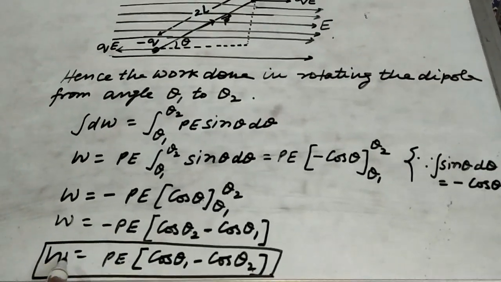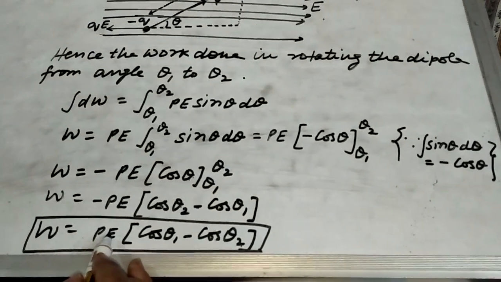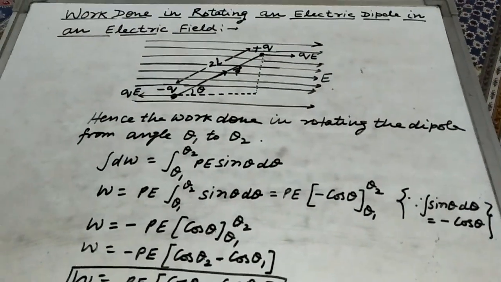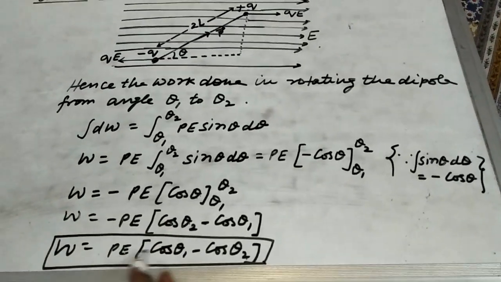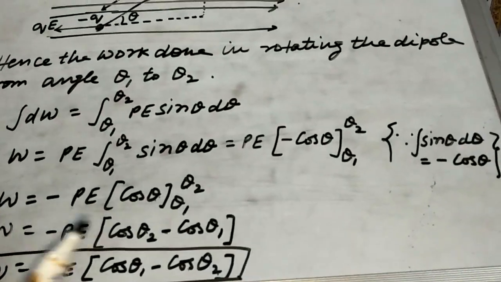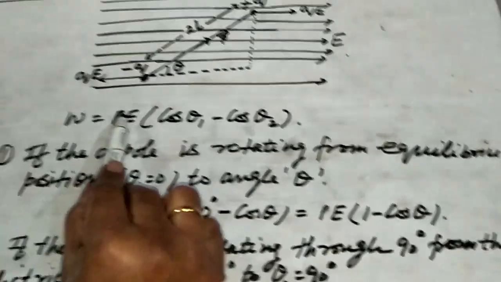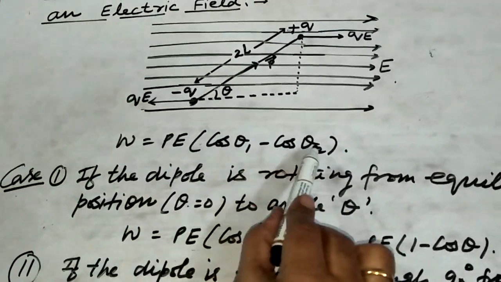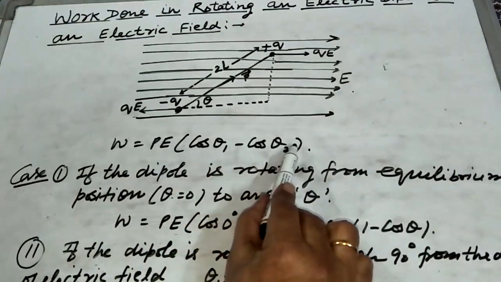It means the work done in rotating an electric dipole in a uniform electric field from initial position theta 1 to final position theta 2 is given by W = PE (cos theta 1 minus cos theta 2).